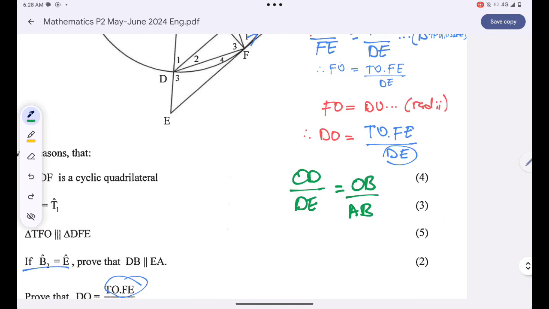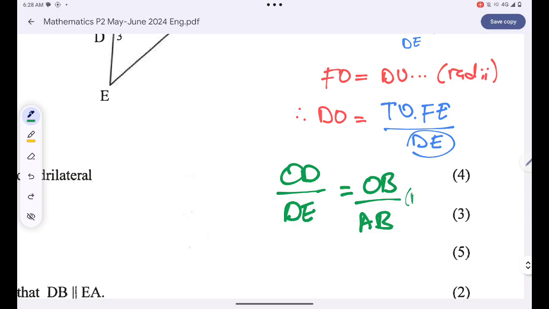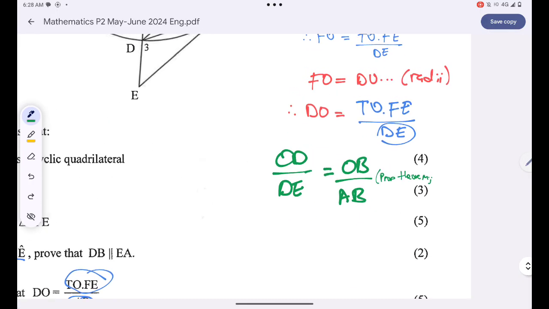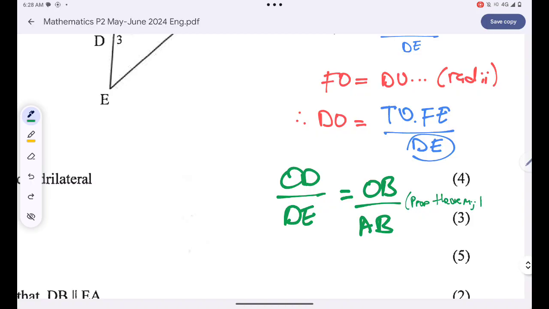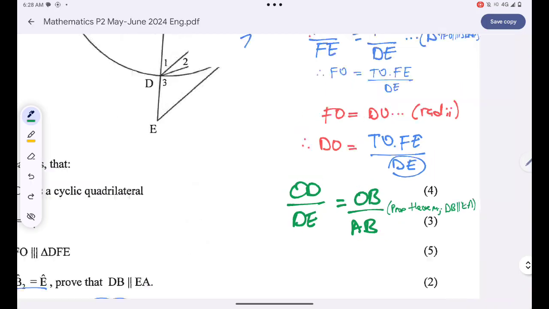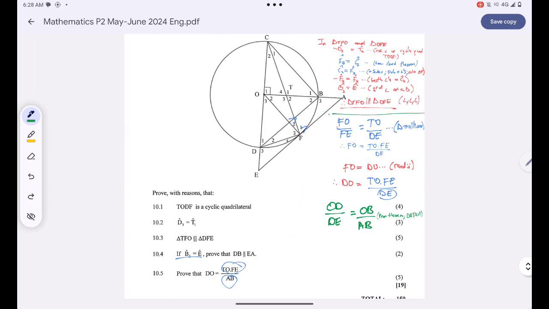Are you together? According to the proportionality theorem, and the proportionality theorem is true because DB is parallel to EA. Are you together? If a line is drawn parallel to one side of a triangle, that line will divide the other two sides in the same proportion, such that OD over DE will be equal to OB over AB.